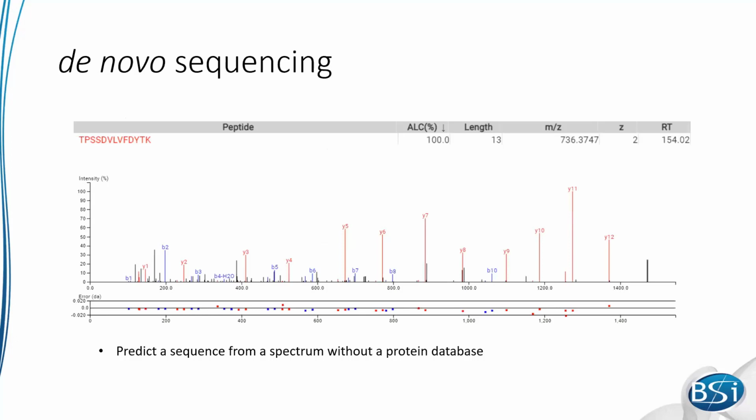All right, so de novo sequencing. To give a very brief description of what de novo sequencing is, the concept is to predict the most likely peptide sequence that matches up to a spectrum from all possible peptides that match up to the precursor mass. So a pretty difficult task.